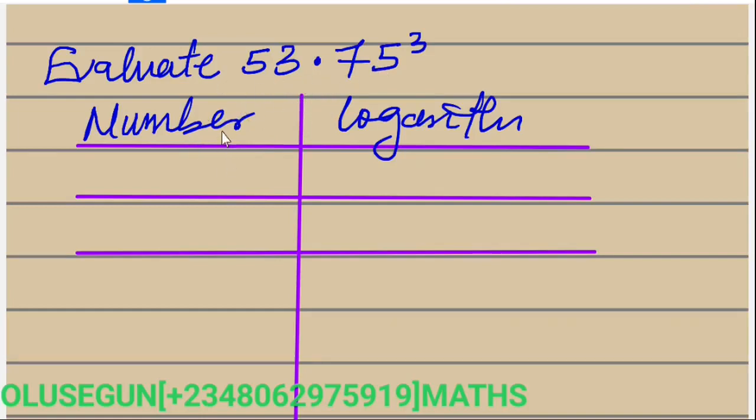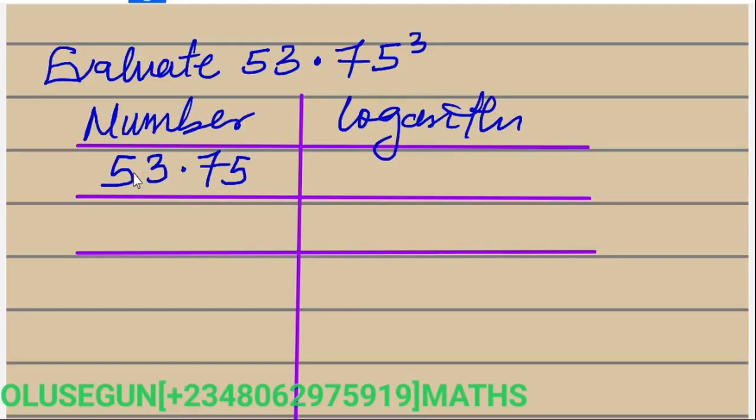Now, the number is 53.75. The first thing you are going to write is 53.75. How do you do this? The point is after the 3, so you change it and make the point come after the 5.